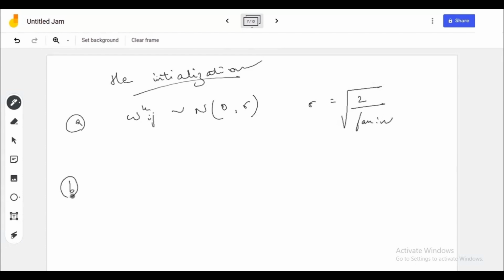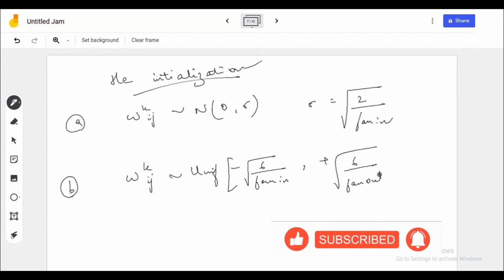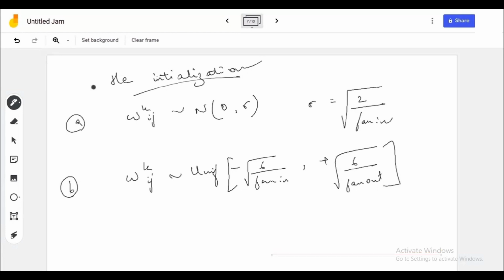And for the uniform initialization, the weights come from a uniform distribution which lies between minus under root of 6 by fan in to plus under root of 6 by fan out. So again, this is for normal initialization and this is for uniform initialization.